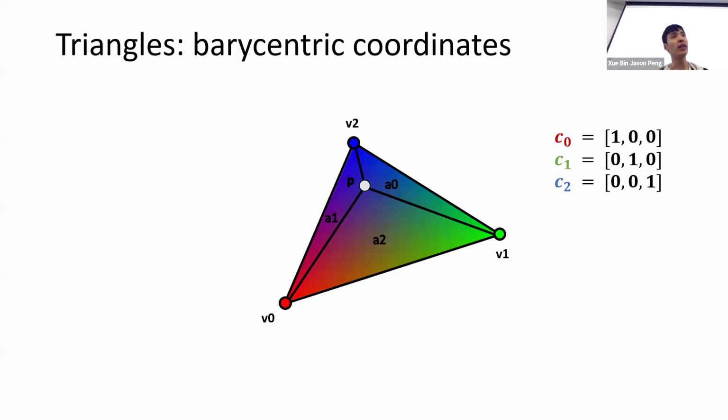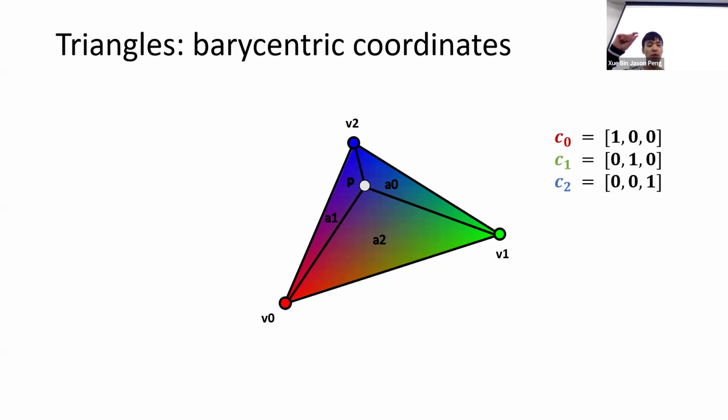So this is the triangle that is not connected to the vertex. So the weight of a vertex is given by the triangle that's not connected to the vertex. So V2 corresponds to A2, V0 corresponds to A0, which is the triangle on the opposite side of P. And similarly, V1 is going to be given by A1.